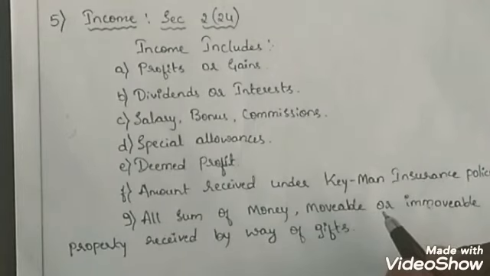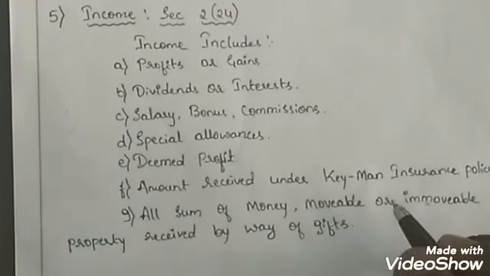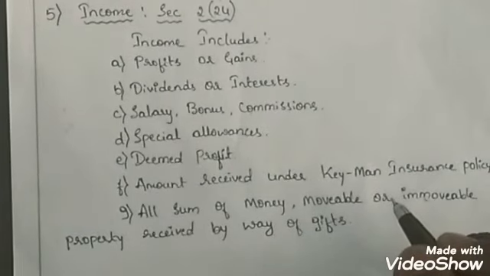If the source is unknown from where the income is generated, that income cannot be treated as legal income in our country. Next, it is not necessary that the income which is regular is only treated as income. The income which is irregular is also treated as income in IT Act.